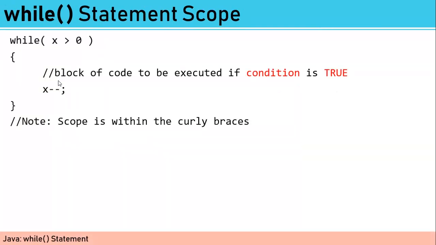The scope for your while statement is defined within the curly braces. Now if you ask me, can we omit the curly braces like what we did with if statements in my earlier discussions? For this case, you cannot omit these curly braces, because inside your curly braces you need at least two statements: one statement for your body and one statement for your update expression.